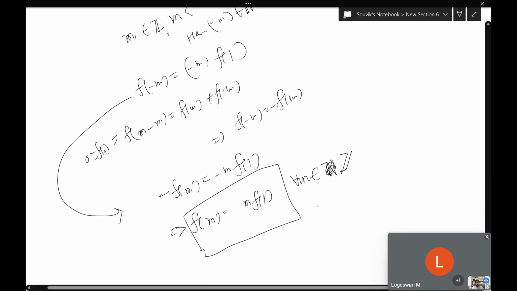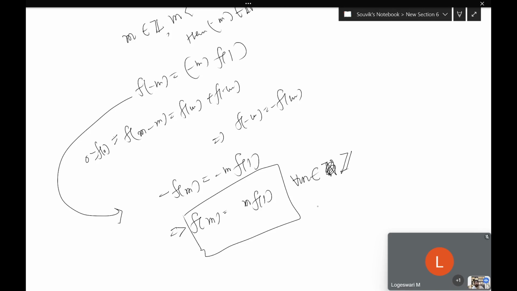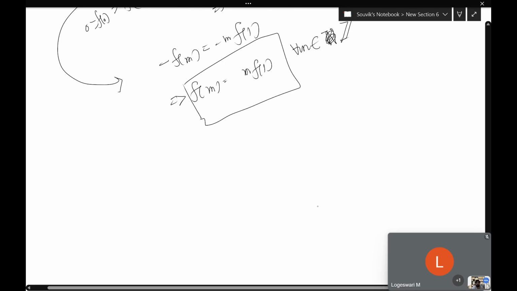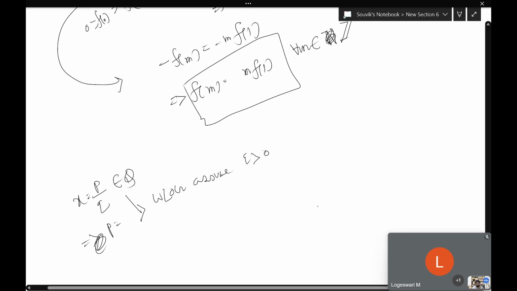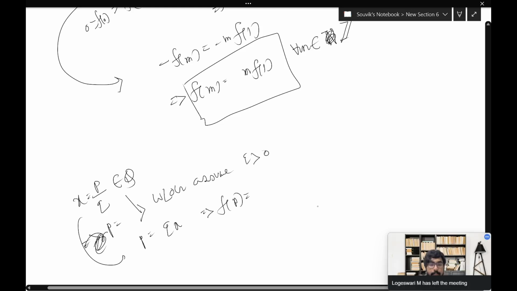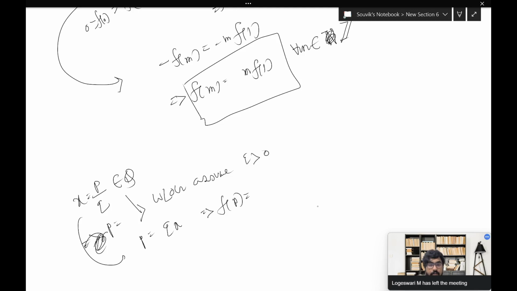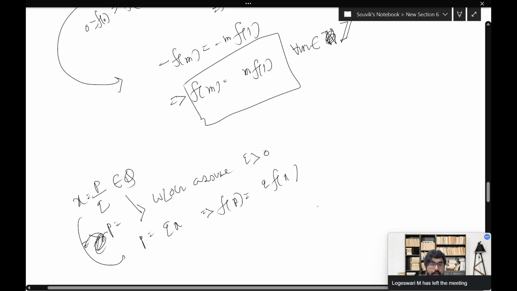Now we need to show this for the rational values. So choose x equal to p by q from Q. Here we assume without loss of generality that q is greater than 0. So this gives p is equal to qx. So p f of 1 is equal to q f of x.